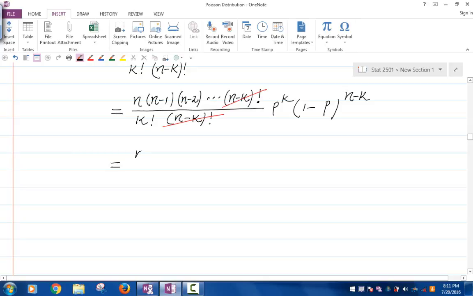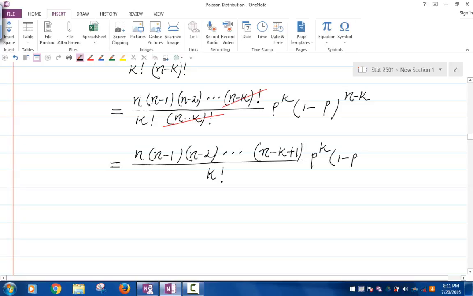So this would be n times n minus 1 times n minus 2 and so on, times the number before n minus k, which is 1 more than n minus k, so it will be n minus k plus 1, divided by k factorial, times p to the k times 1 minus p to the n minus k.